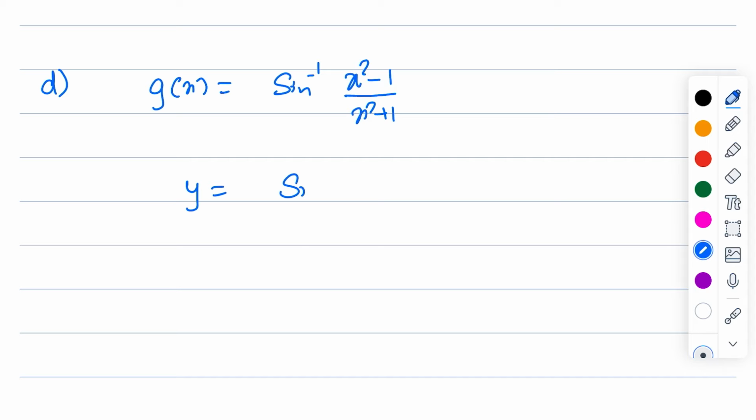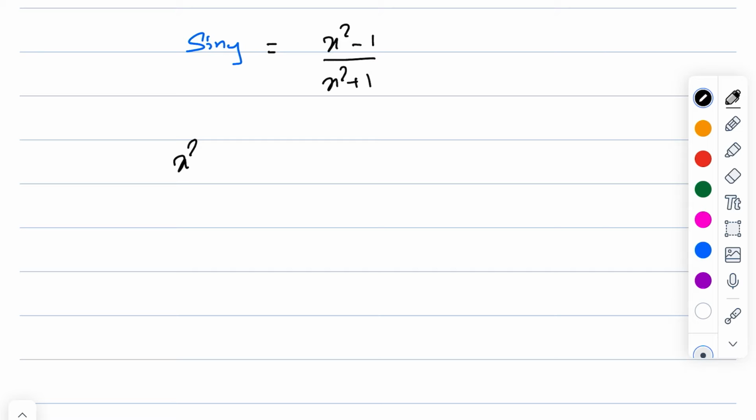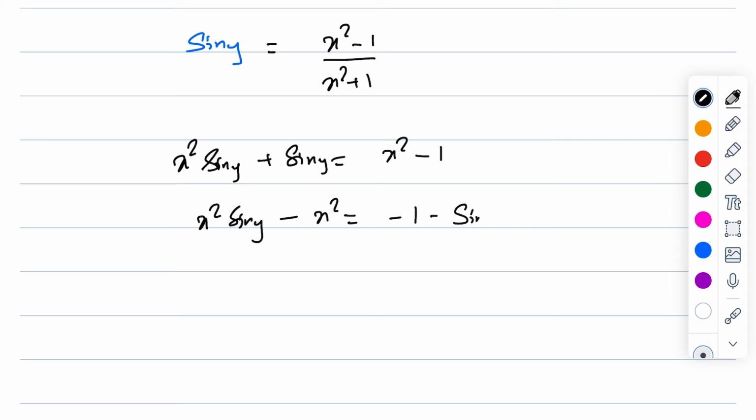y equals sine inverse of (x square minus 1) upon (x square plus 1). So sine y equals (x square minus 1) upon (x square plus 1). So cross multiplication: x square sine y plus sine y equals x square minus 1. X square sine y minus x square equals minus 1 minus sine y.